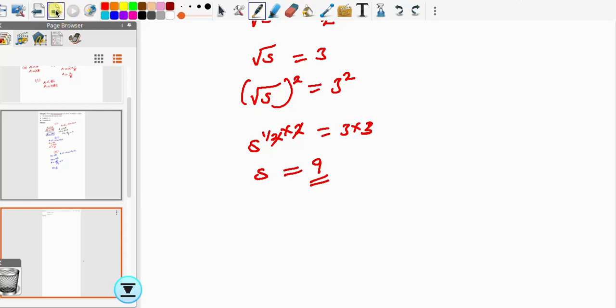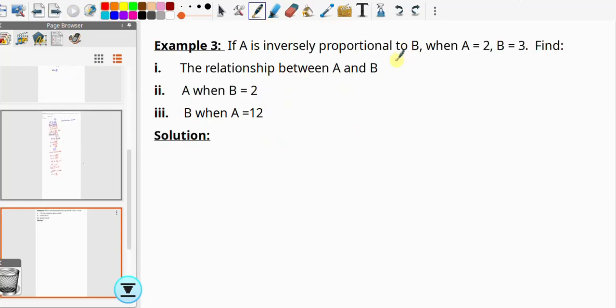We'll move to the third question, example 3. If A is inversely proportional to B, here, let's see the first one. If A is inversely proportional to B, right?